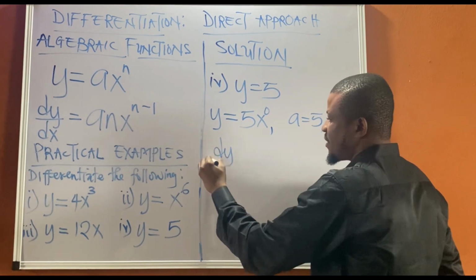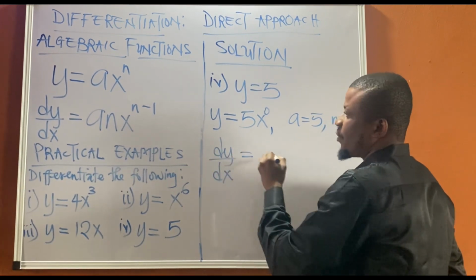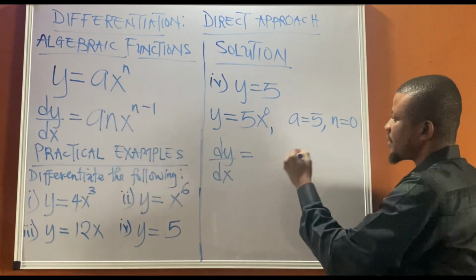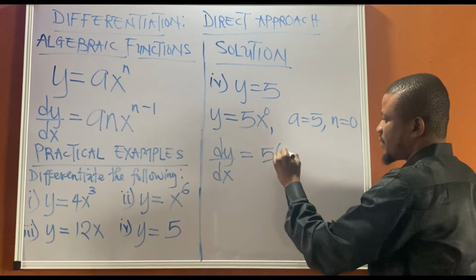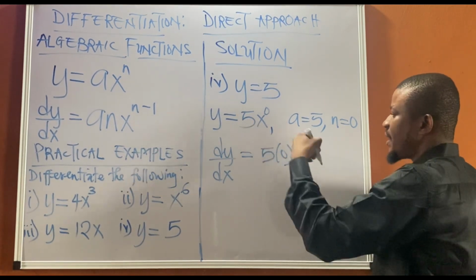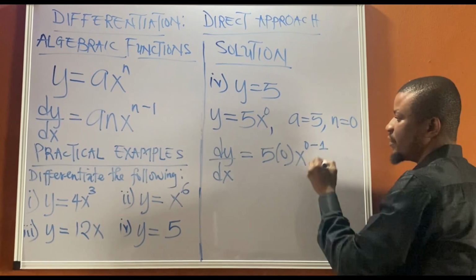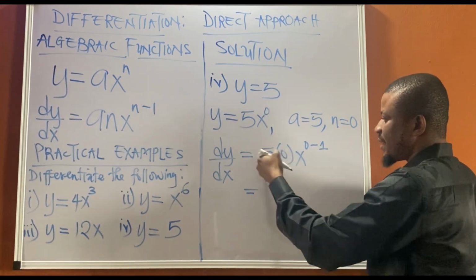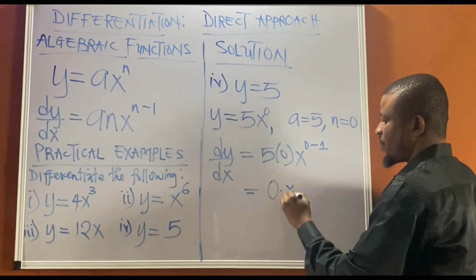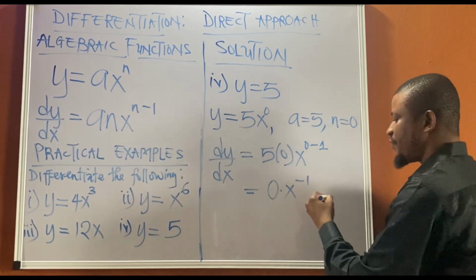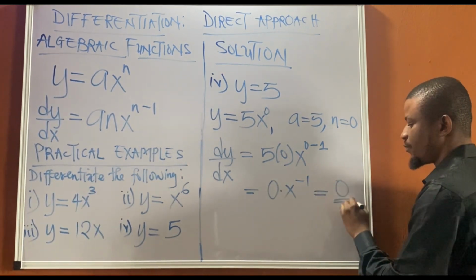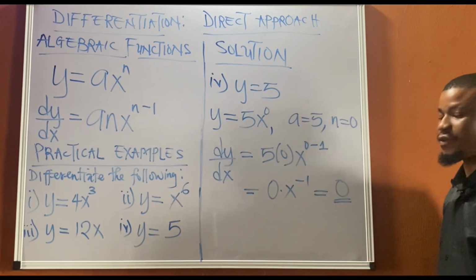Therefore, dy dx will be a times n, which is 5 times 0, x n minus 1, 0 minus 1. We already know that anything times 0 is 0. So everything here becomes 0. And that is the derivative of that function.